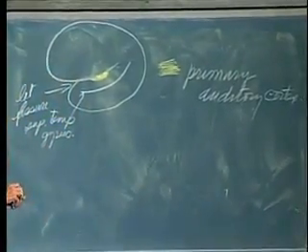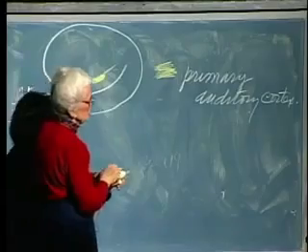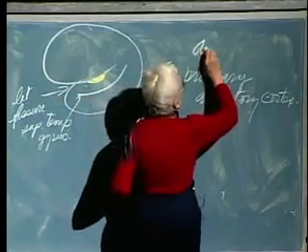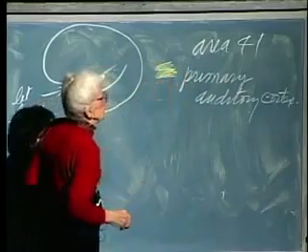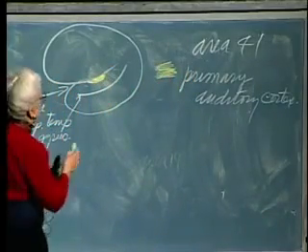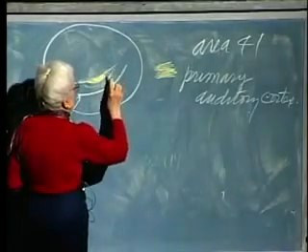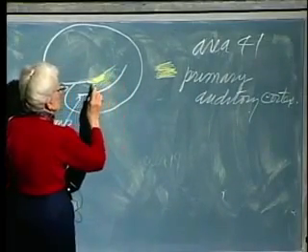And primary auditory cortex is area 41. It helps refine this by giving the numbers. Surrounded by auditory association cortex.